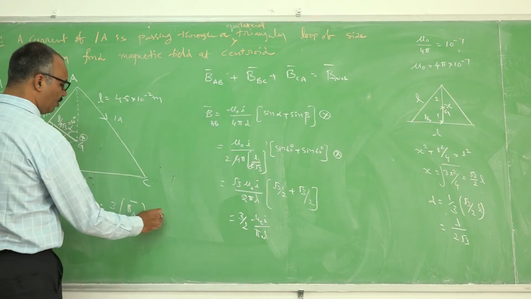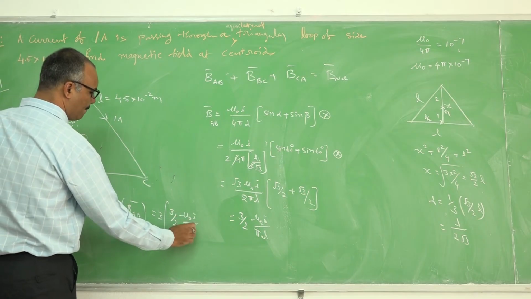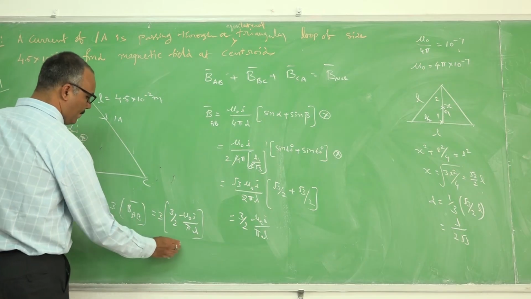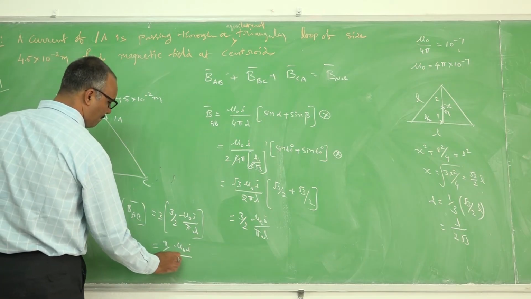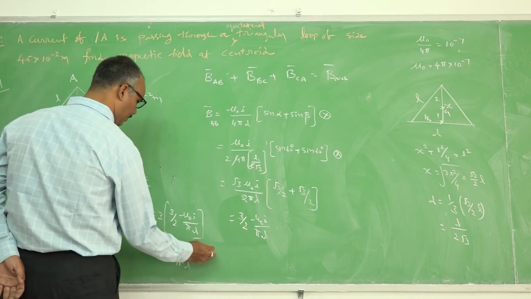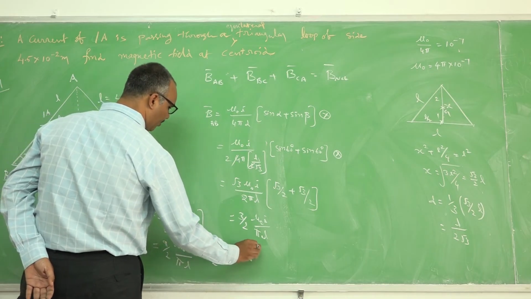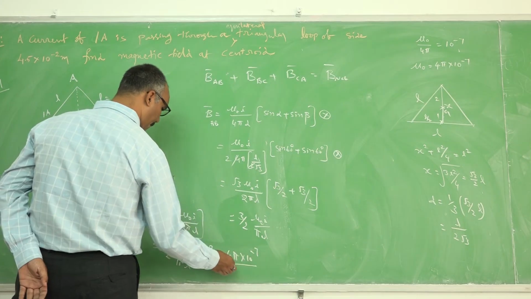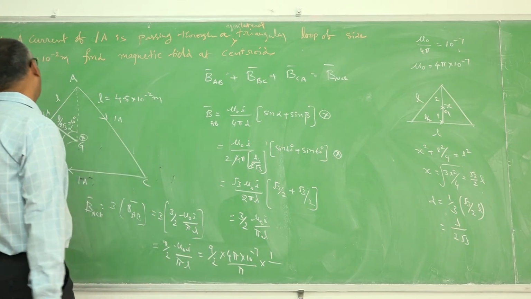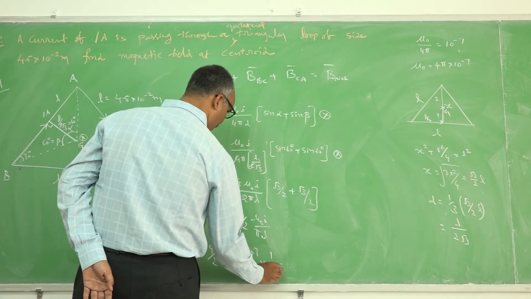So 3 times 3 by 2 mu naught I by pi L is 9 by 2 mu naught I by pi L. That is 9 by 2 into mu naught value, 4 pi into 10 power minus 7, by pi, into strength of current 1 ampere, over the length of the side, which they gave as 4.5 into 10 power minus 2.